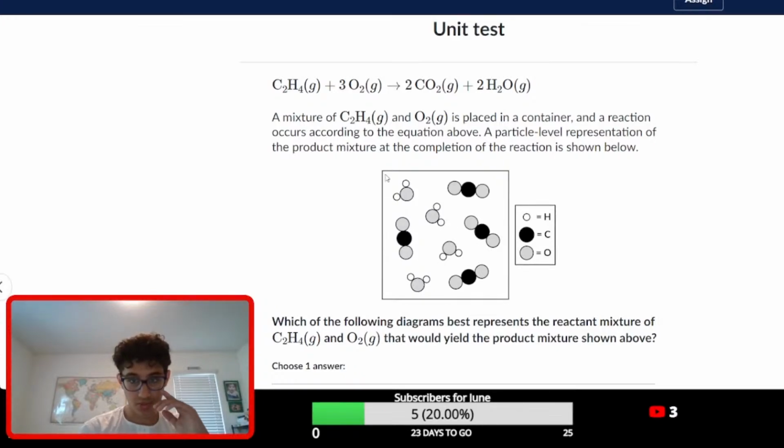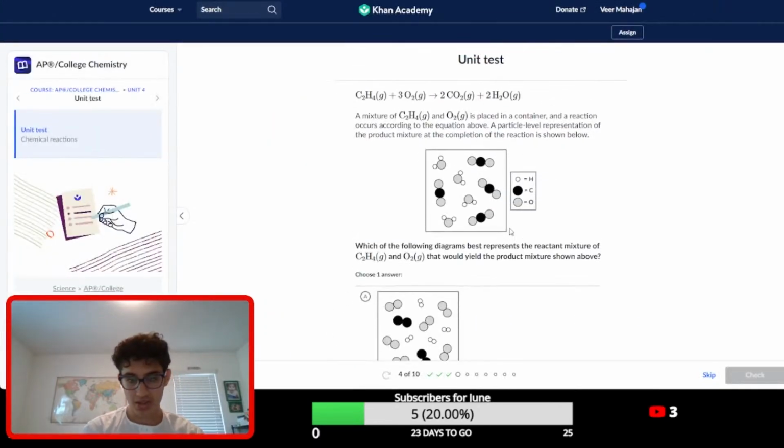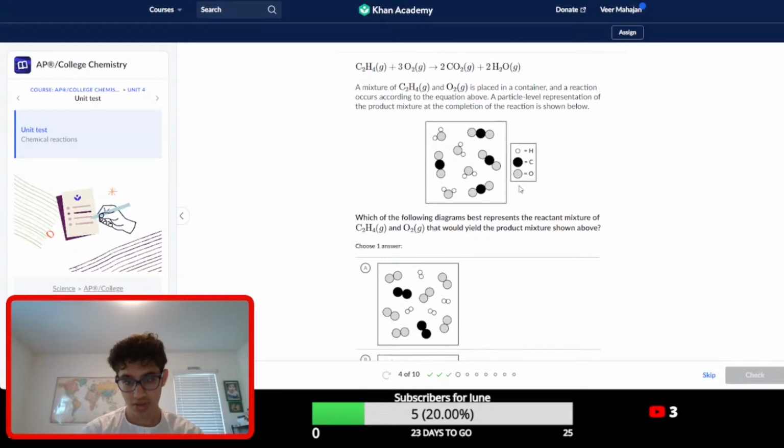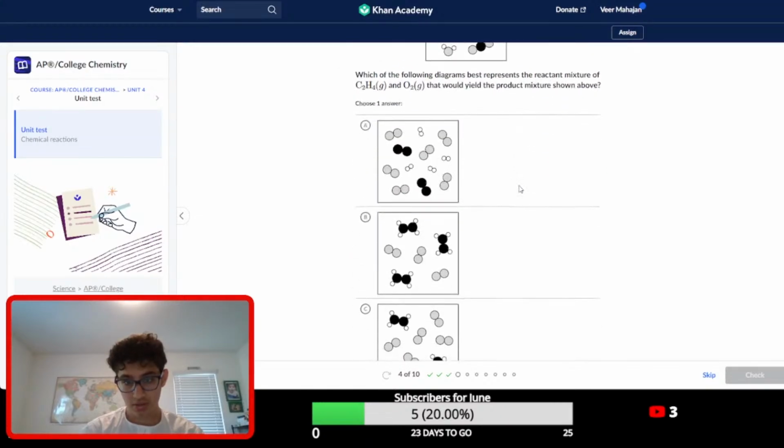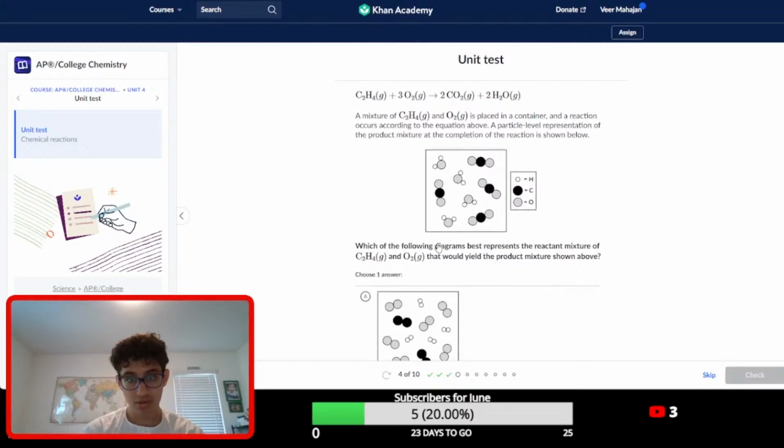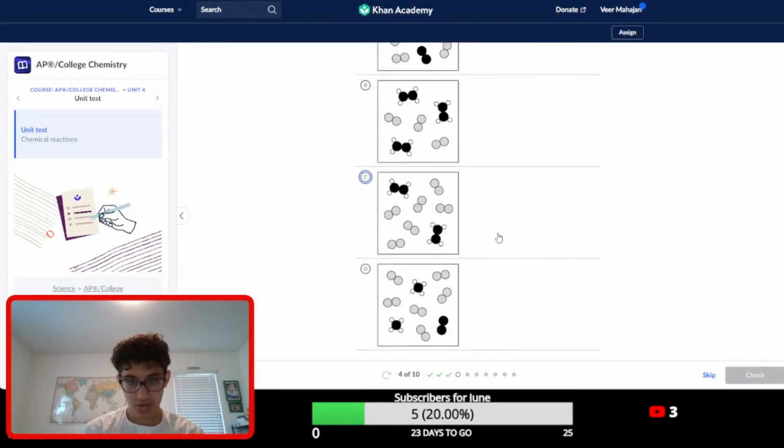So there are 4 of them. So we can multiply everything by 2. That will balance it out. And so now we need the reactant mixture. So there'll be 2 C2H4s. C2H4 is this thing. So there'll be 2 of them. And the only one with 2 of them is C. So the answer for this will be C.